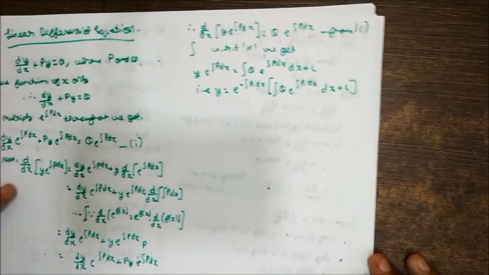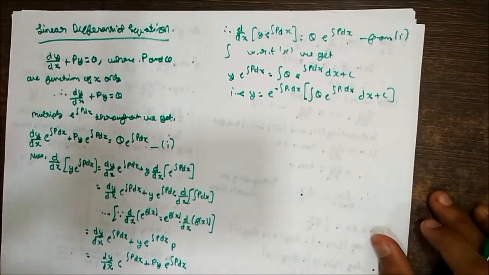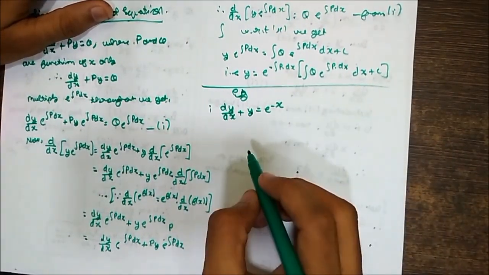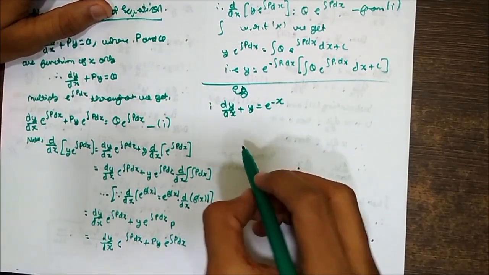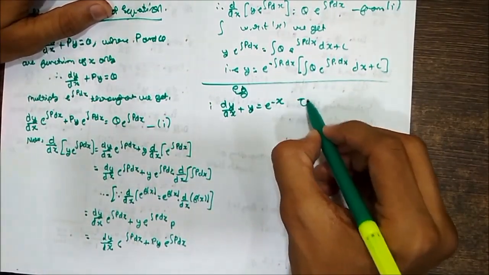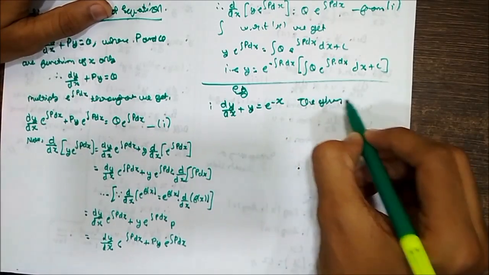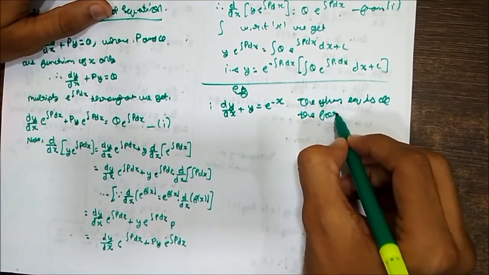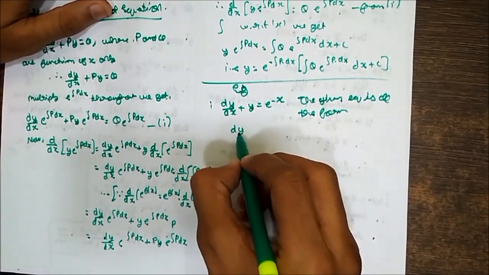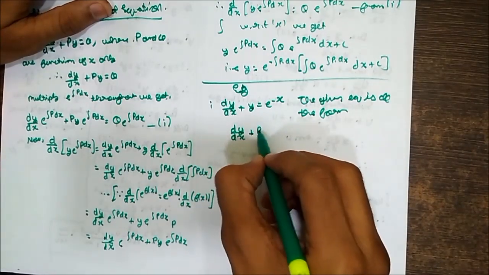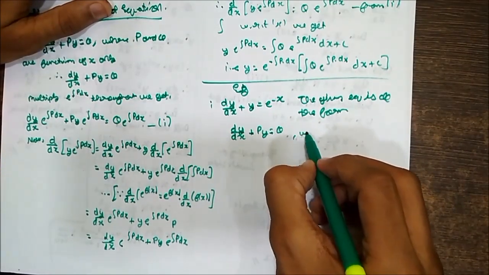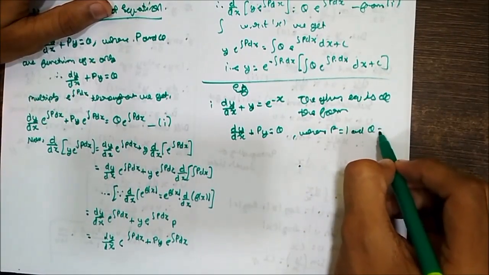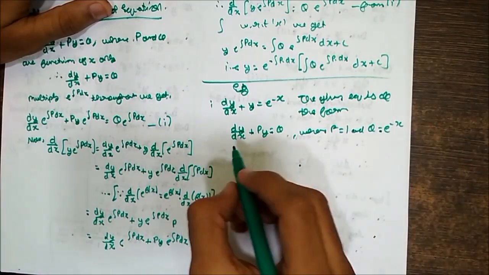Now we will further look at this by solving one example. Let's try and solve the given sum. The given equation is of the form dy by dx plus py is equal to q, where p is equal to 1 and q is equal to e raised to minus x.